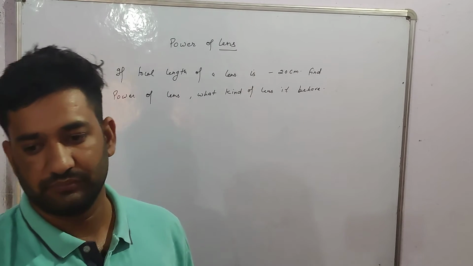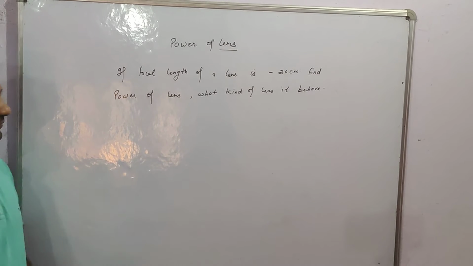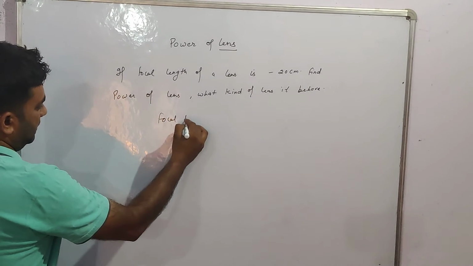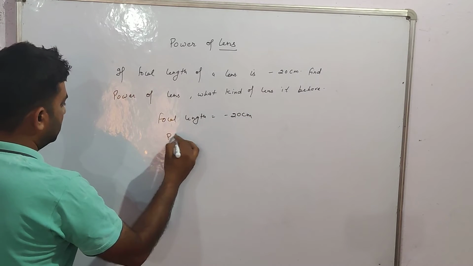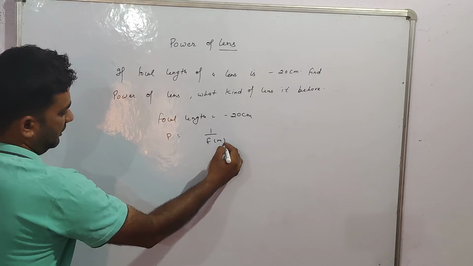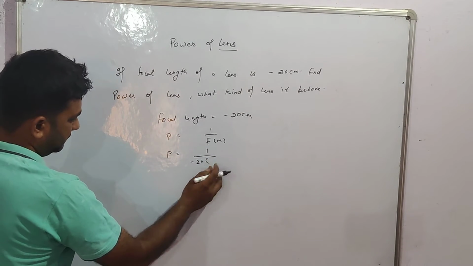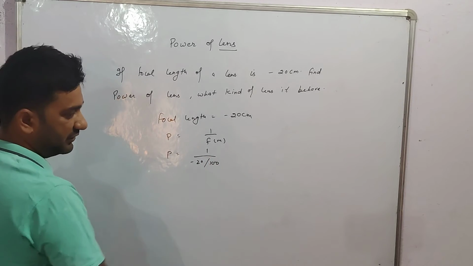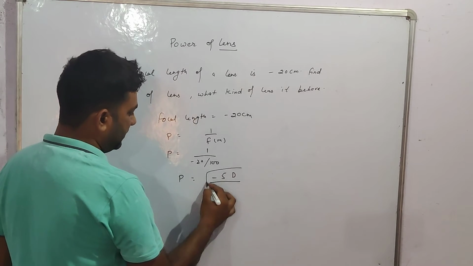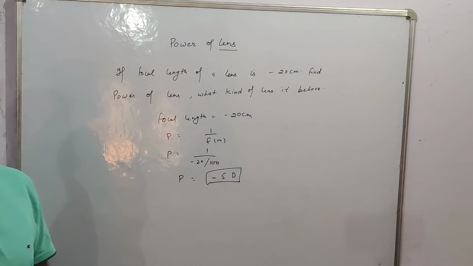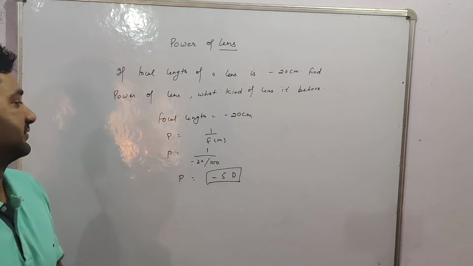We have to calculate its power and its nature. So focal length is equal to minus 20 centimeter, so power is equal to 1 by F in meters. So P is equal to 1 by minus 20, and to convert into meters, divide by 100, so P is equal to minus 5 dioptre. Minus sign indicates that the lens will be concave, and the plus sign indicates that the lens will be convex.